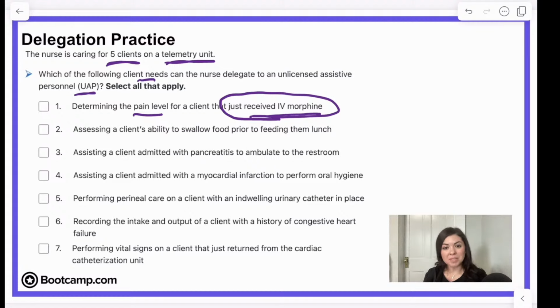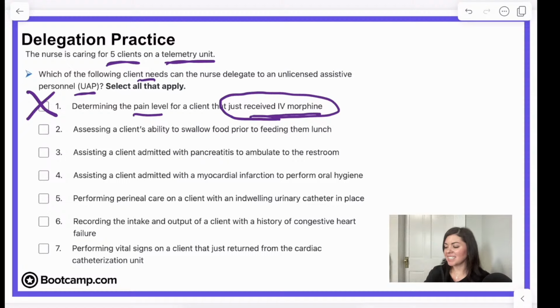Now, I know sometimes UAPs will go get vital signs and they'll ask a pain level while they're in the room, but if they just received a medicine and we're following up, that is a client assessment and evaluation of a nursing intervention. Now, I know a lot of y'all are guessing a lot of right answers right now, and y'all are doing good. Y'all are on the right track.